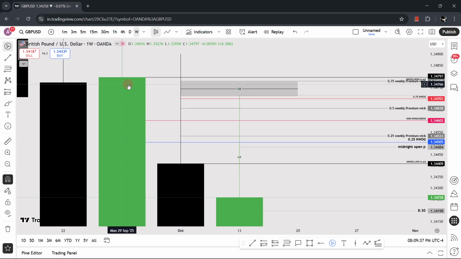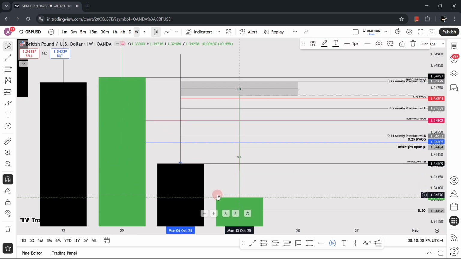On the last week, this October 6th and 29th September, the market closed around this point, 394 801, and opened at 409, right? So there's a huge difference in this.